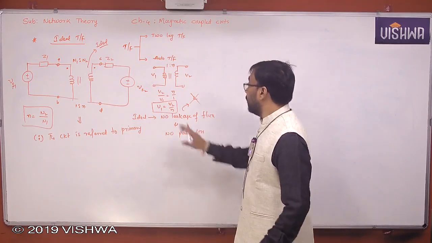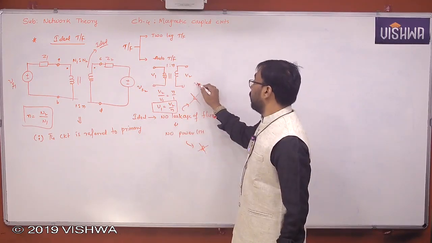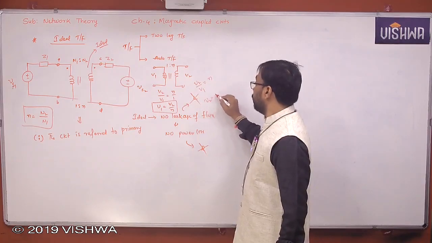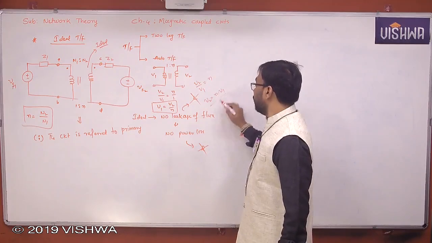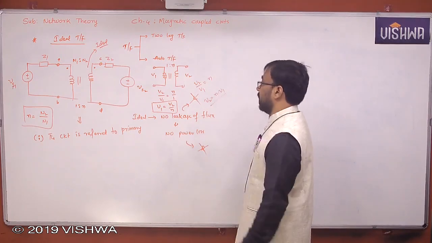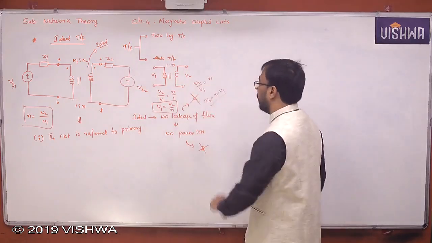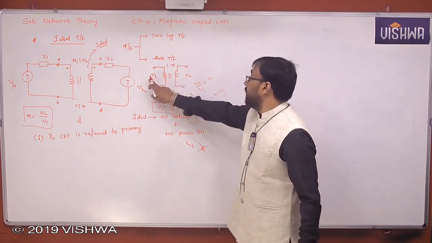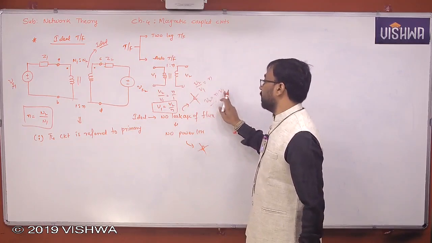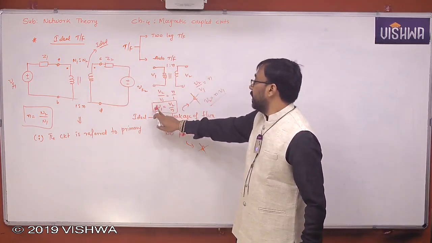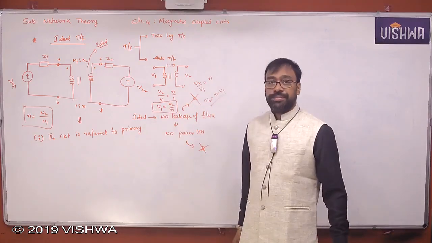When I refer to secondary, V2 by V1 is equal to n, then V2 is equal to n into V1. That means if I convert all these variables to the secondary side, the voltage becomes n times V1. If I refer the voltage to the primary side, you get it divided by n. Understand all of you?